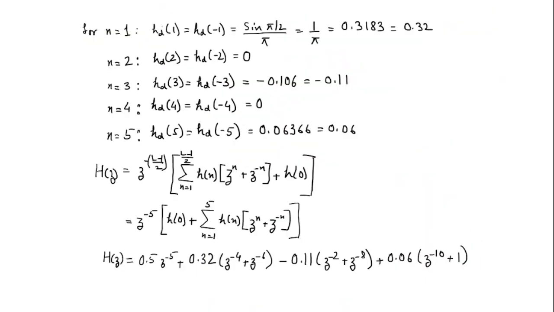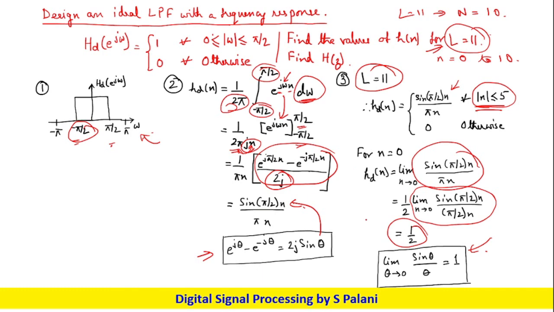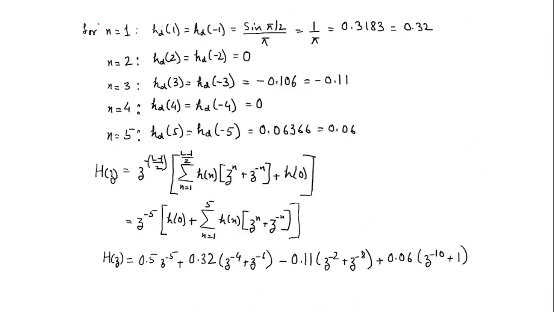Okay, so what happens for n equals 0? We have computed that it is half. Then for n equals 1, we need to put in the values of n, and you will get this value, and h[1] is equal to h[-1], then h[2] equals h[-2], and so on.